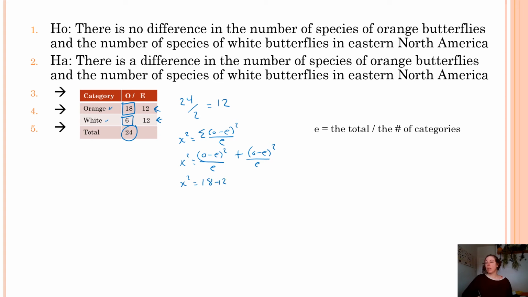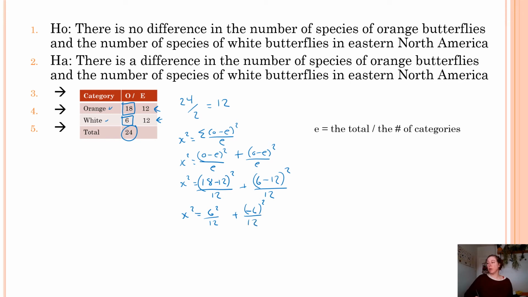18 minus 12 squared over 12 plus 6 minus 12 squared over 12. 18 minus 12 is 6 squared. And 6 minus 12 is negative 6 squared.